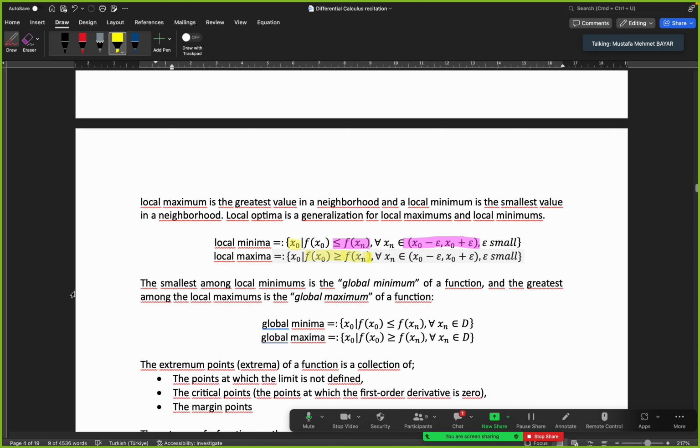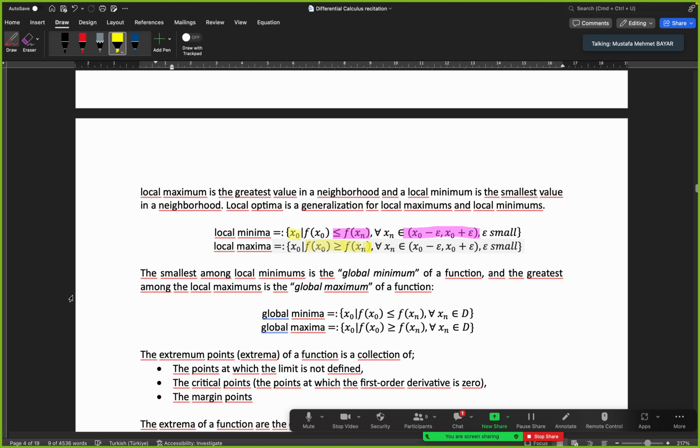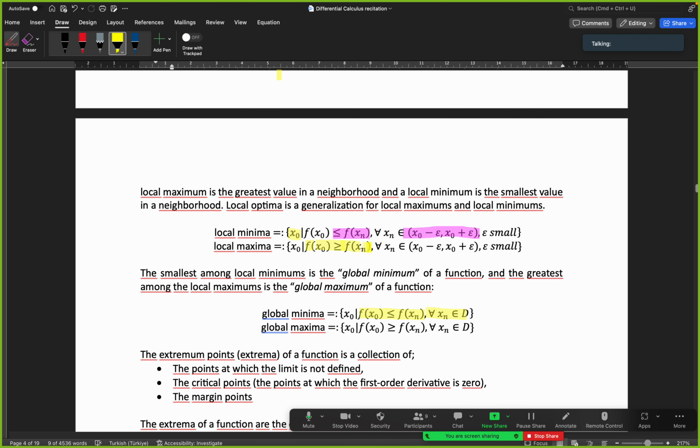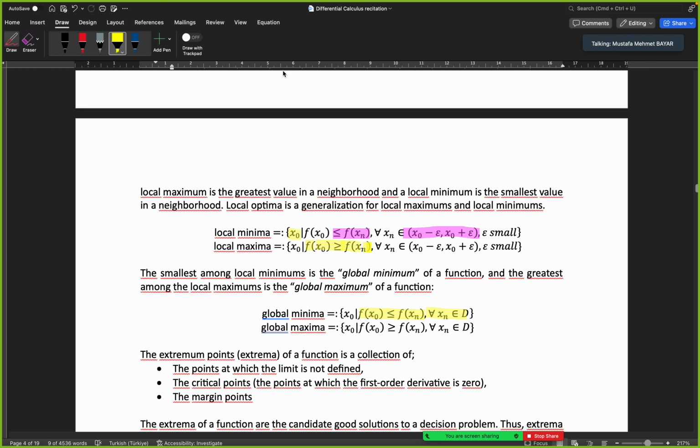On the other hand, for global optimas, there should be no better solutions xn's within the set of domain. There should be no better solutions within the domain.